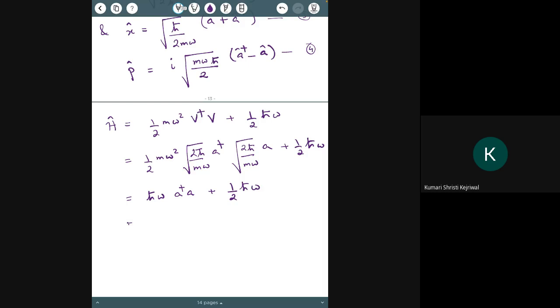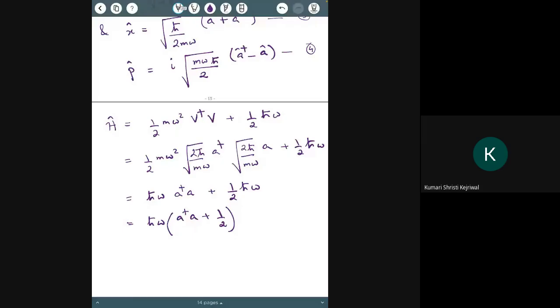And then we can take h cross omega common and have A dagger A plus half. Oh, so now you see the beauty of it, that it gets simplified to something quite simple, A dagger and A. Okay.